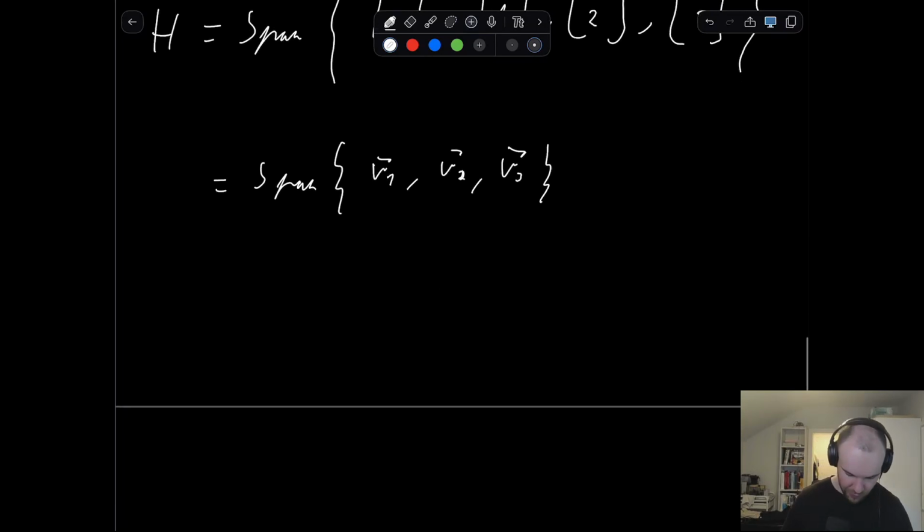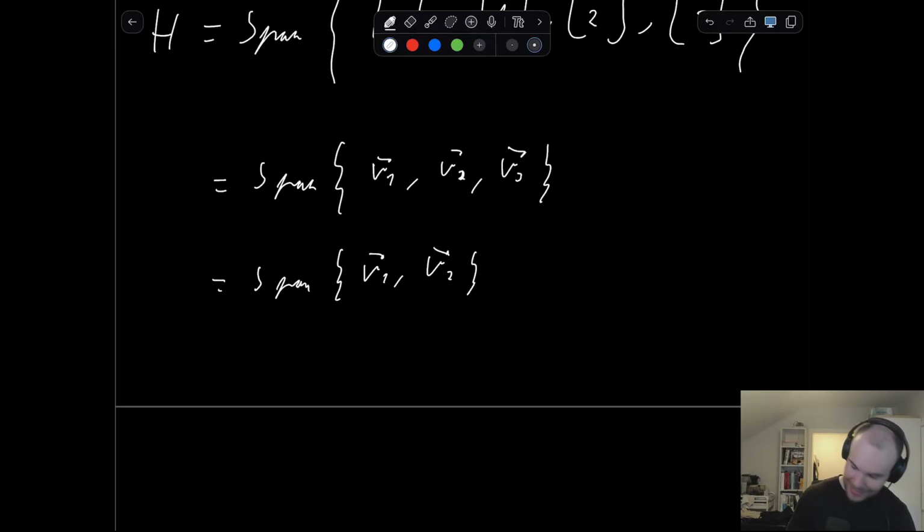And now if I remove v3, and then v1, and then v2, I still have the same space, but now I can't remove more. If I remove v1 or v2, I wouldn't have the same space, right? That is what it means, okay? So we can just remove, and you see it clearly, right? Usually what you do is actually row reduction. You can do that as well.